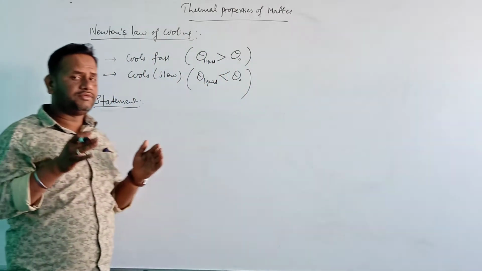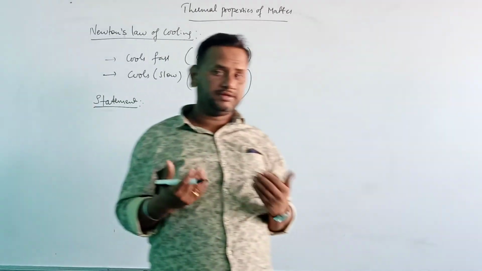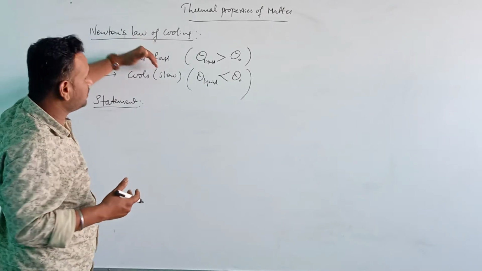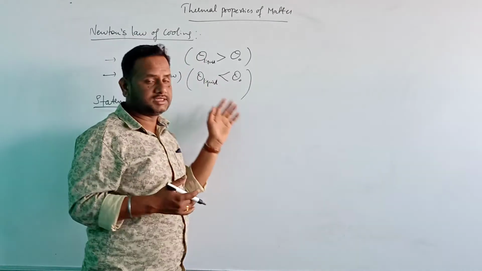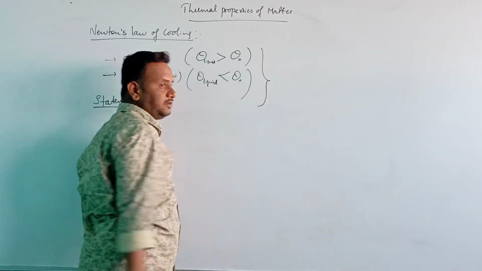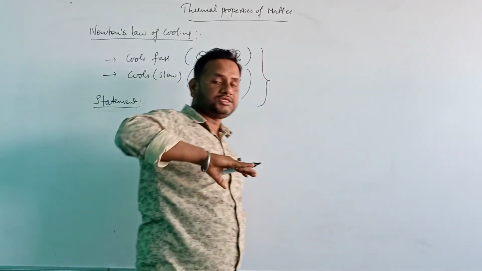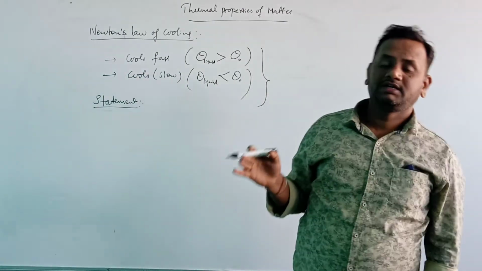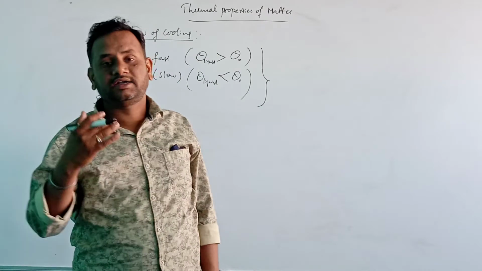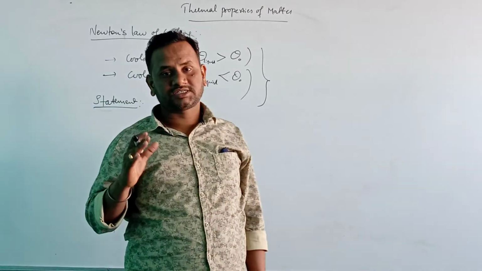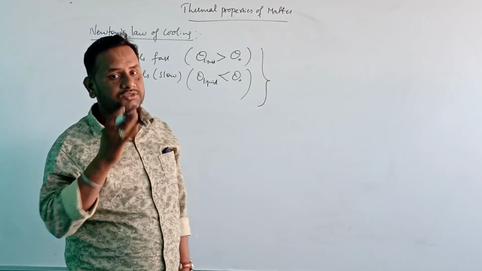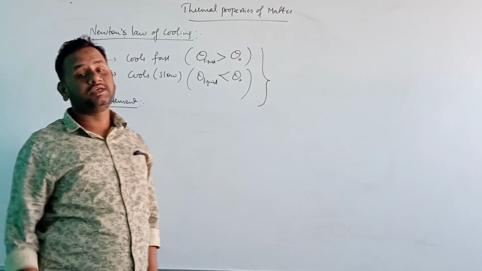Whether it is cooling fast or slow, in both cases after some time the temperature of the liquid and the surrounding will be the same. They attain the equilibrium state after some time. That is what Newton observed.